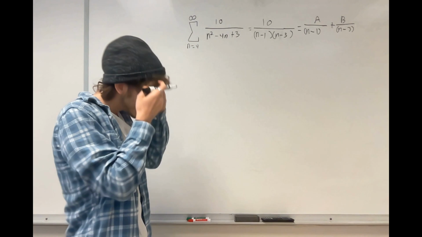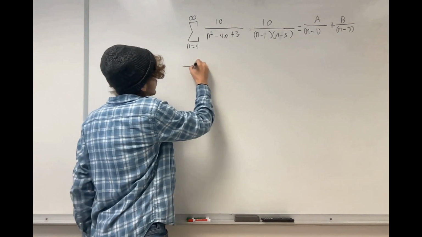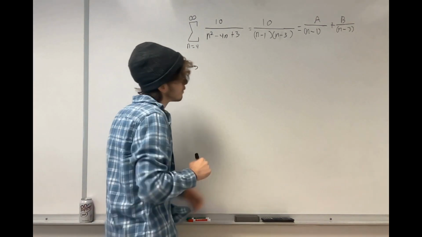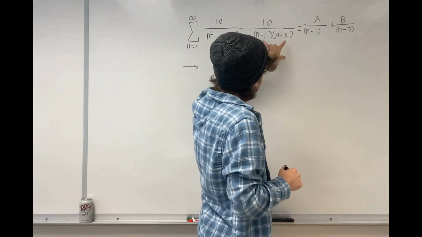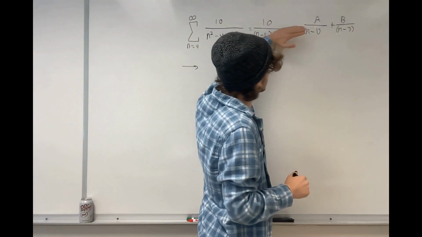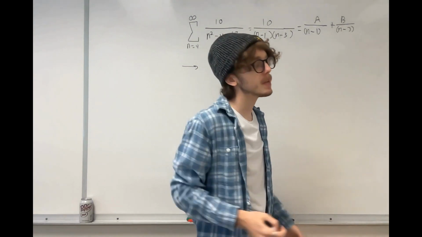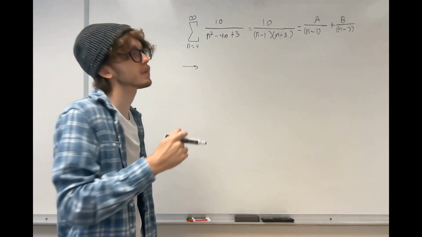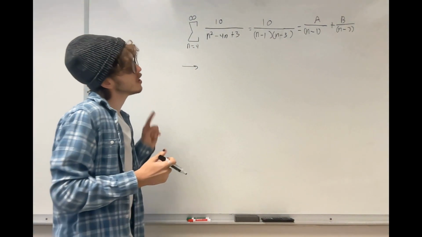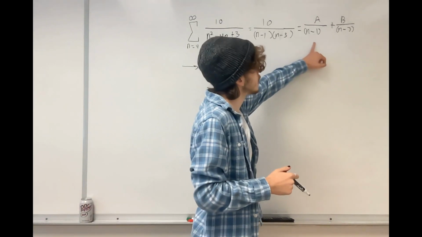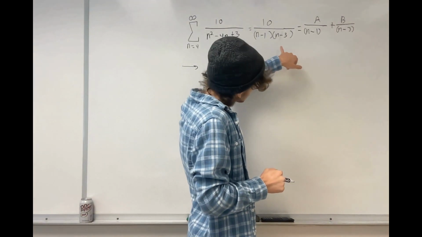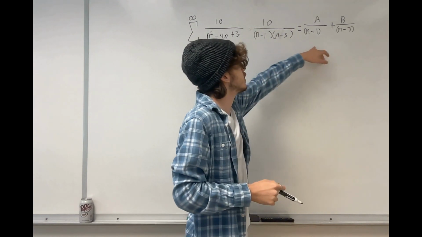Well, take a look at what each has, and I'm going to continue down here. If we want to make just the numerators equal so we can solve for a and b with systems of equations, n minus 1, well, all that's missing in the denominator is n minus 3.